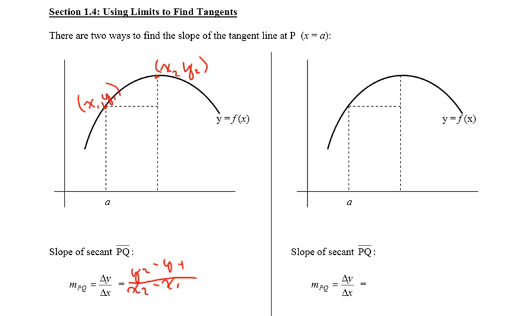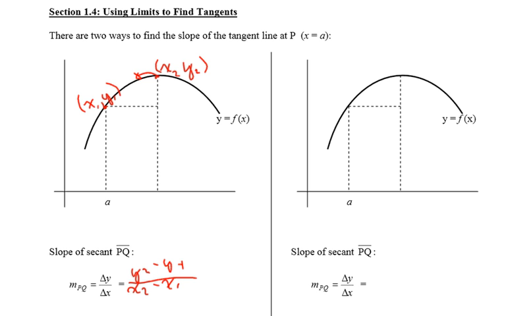So we can find our values for x2 and x1, but when we're approximating the tangent line at this point, what's happening to this point? Right, it gets closer and closer. This point we don't actually know what it is.